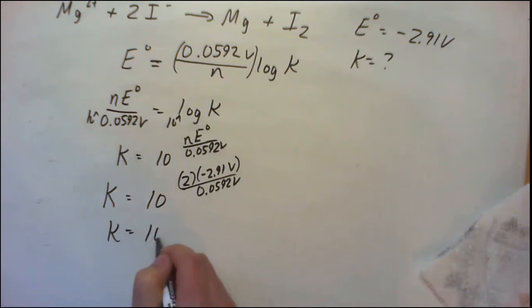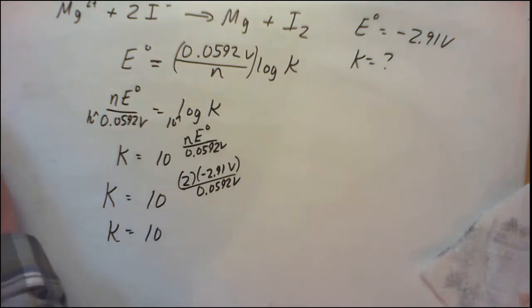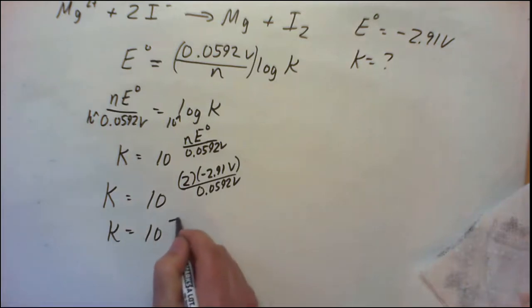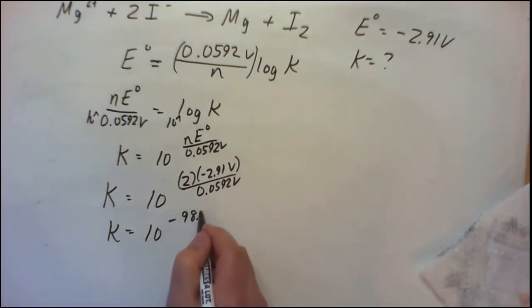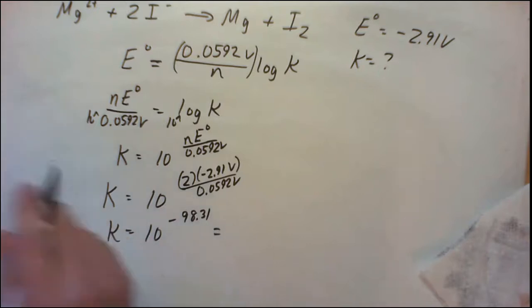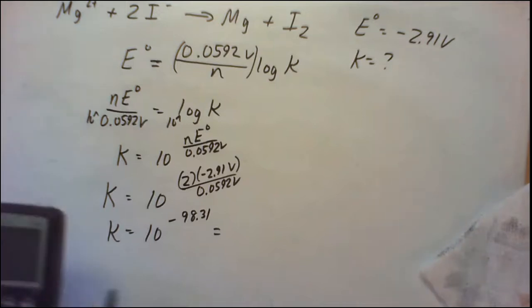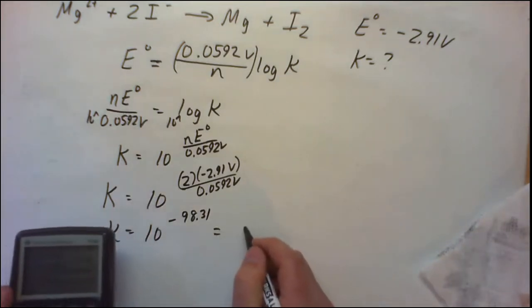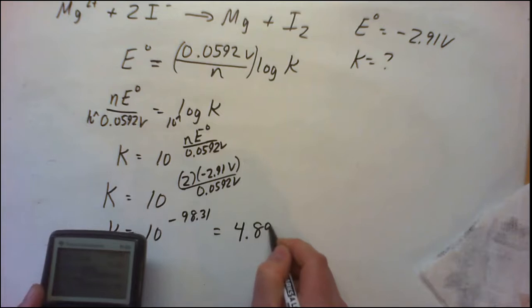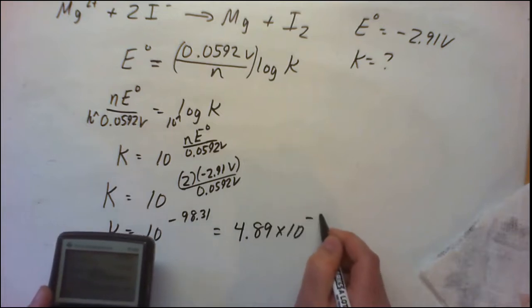So our exponent simplifies to 2 times negative 2.91 divided by 0.0592, negative 98.31. And if you take 10 to that number, we get almost an impossibly small number. Some of your calculators may not even be able to simplify it, as 4.89 times 10 to negative 99.